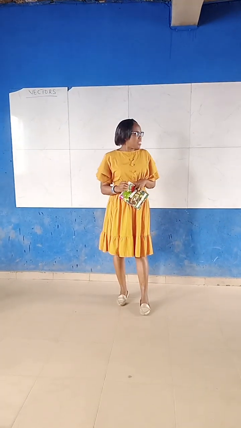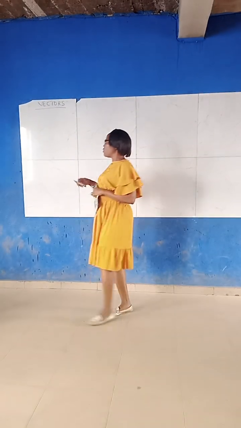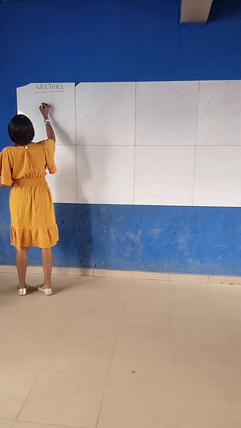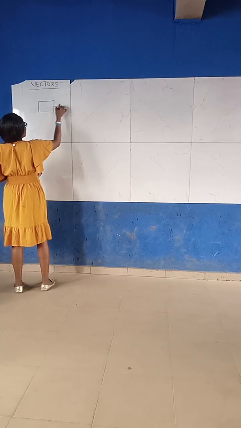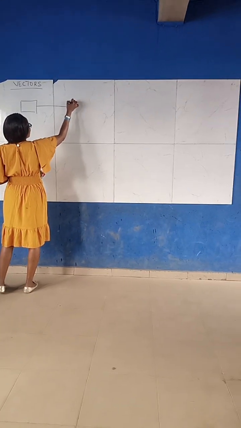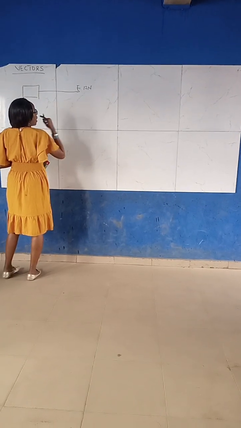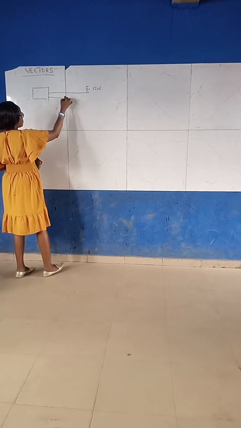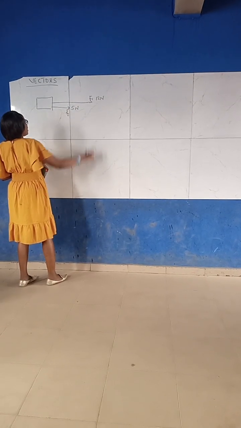Let's say, for example, you are given two vectors that are traveling in the same direction. Let's say you have vector 1, F1, let's say 12 Newton, and we have our F2, 5 Newton.